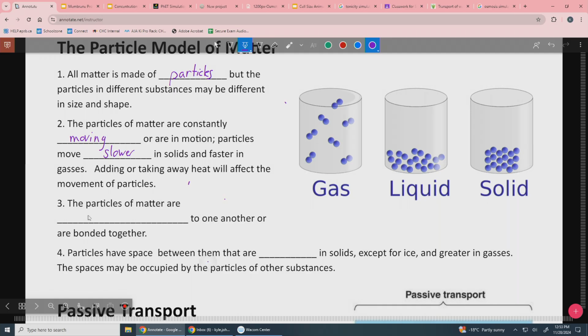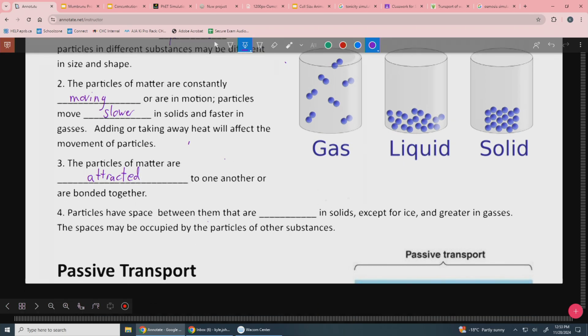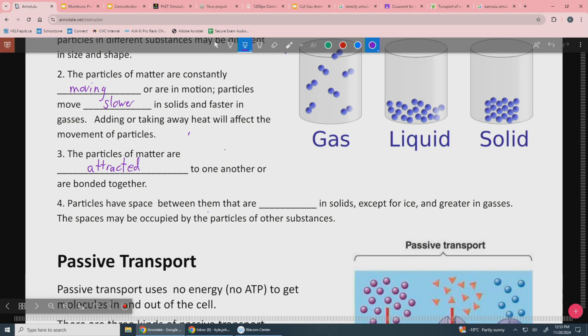The particles of matter are attracted to one another or are bonded together. Particles have spaces between them that are smaller in solids, except for ice, which strangely has greater spaces than the liquid form, water, and greater in gases.